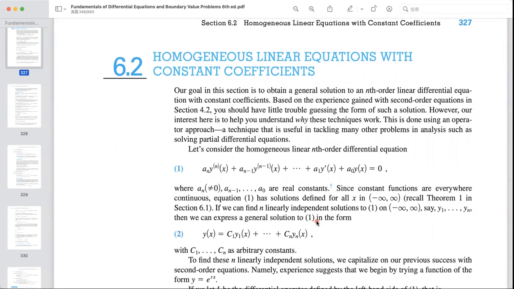As we discussed in the previous section, if you can find n linearly independent solutions to this homogeneous equation 1, then you can express the general solution of equation 1 in the form of equation 2 here. Basically, just a linear combination of these n linearly independent solutions.